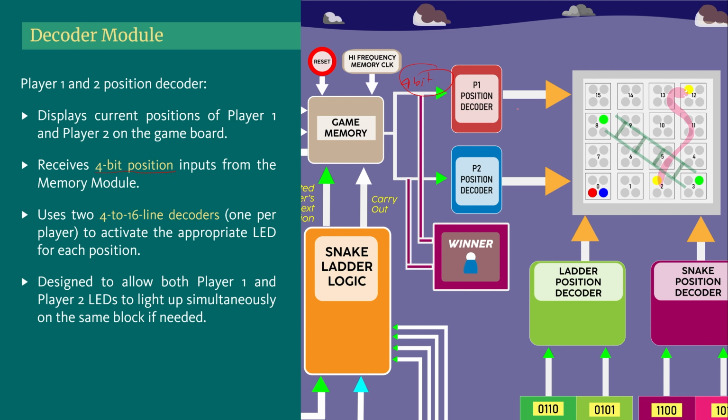The decoder will be a 4 to 16 line decoder, because the input is 4 bits. And how many LEDs do you have? You have 16 LEDs for player 1, right? So you will have a 4 to 16 decoder for this one. Again the input is 4 bits and the output is 16 LEDs. Also, both of the LEDs can light up at the same time. This is very simple.